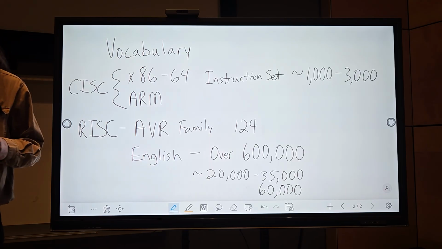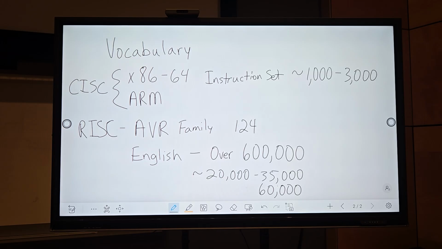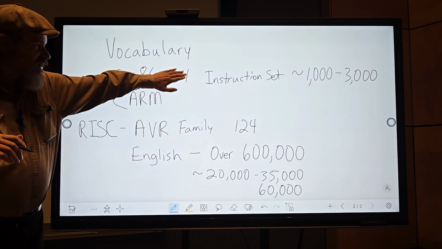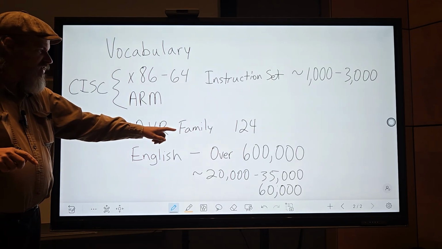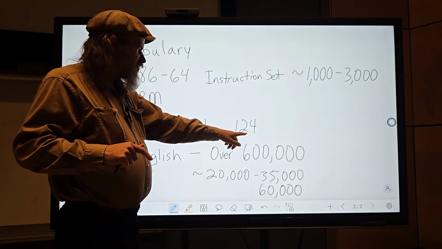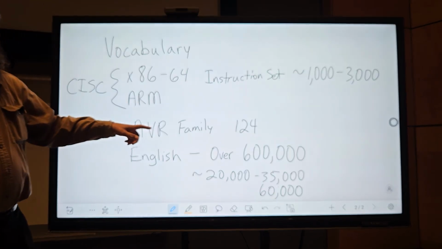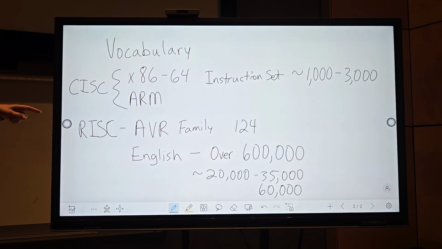Now, when you get into higher level languages, this is all assembly language, which is just one step above machine code, the ones and zeros that the machine actually processes. There's a one-to-one correspondence between the 124 instructions in the AVR instruction set to the ones and zeros, what's called opcode, that the processor actually runs.